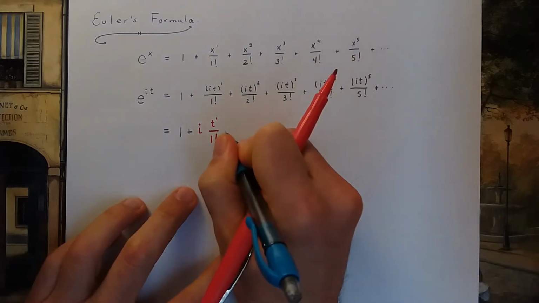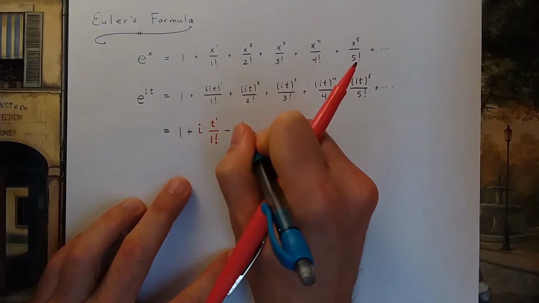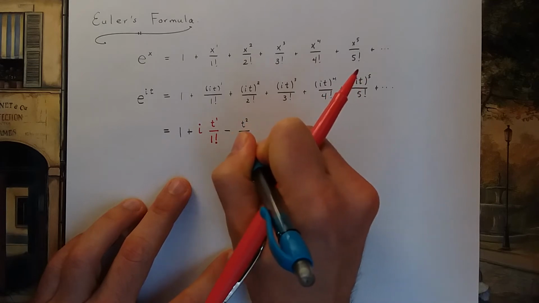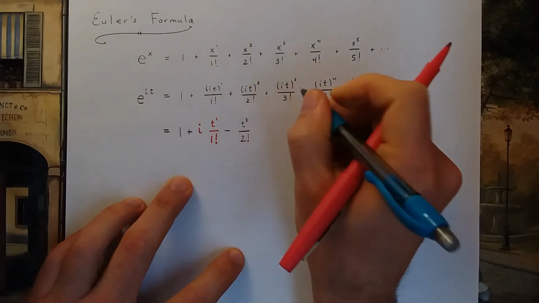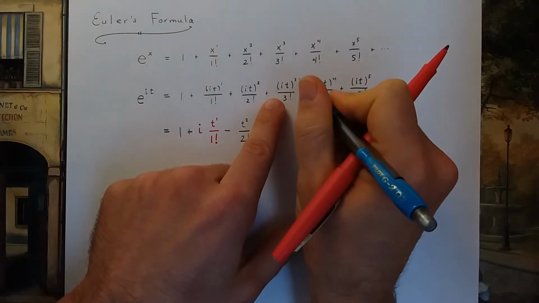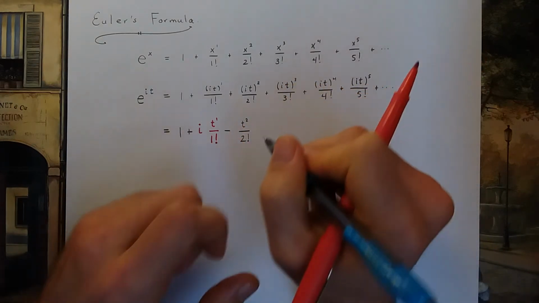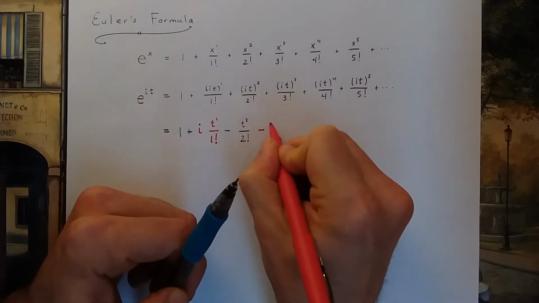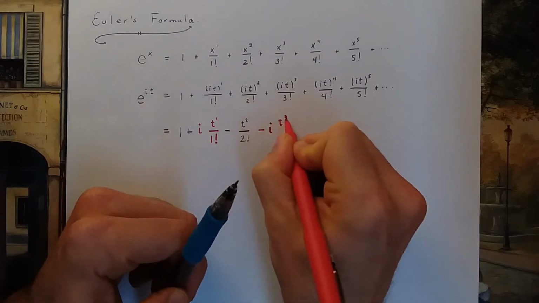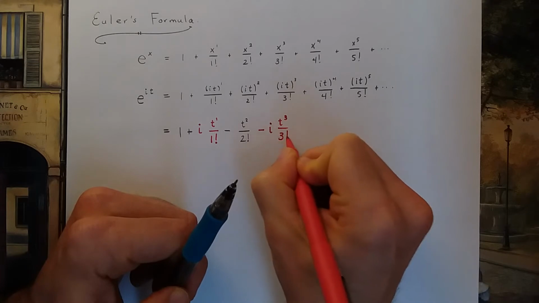So this is really just negative t squared over 2 factorial. The next term does have an i in it. i to the third power is -i. So that'll be in red. So I'll do -i t to the third over 3 factorial.